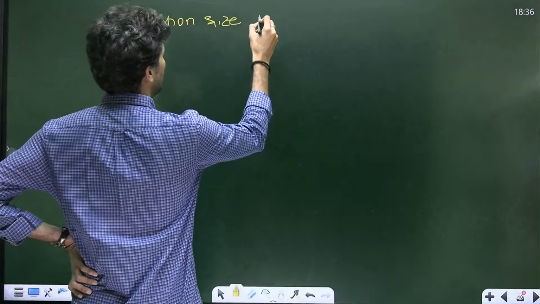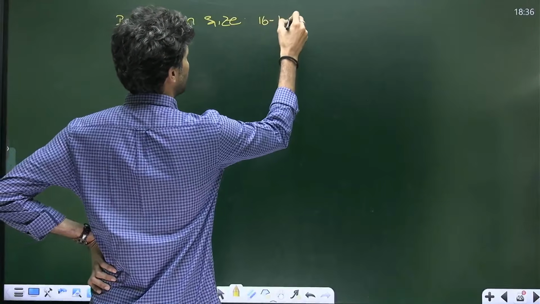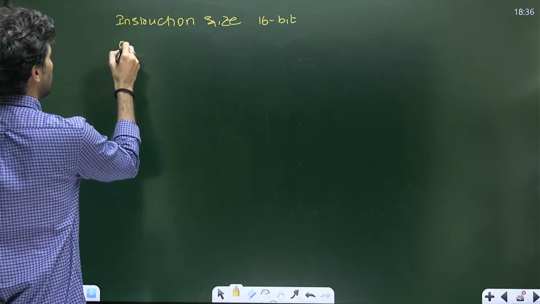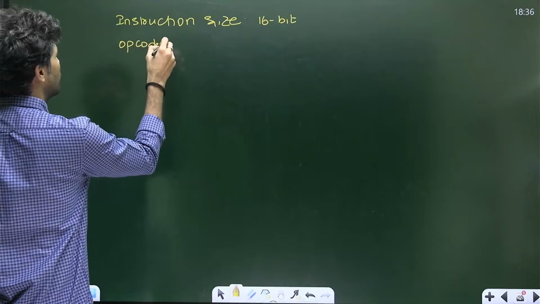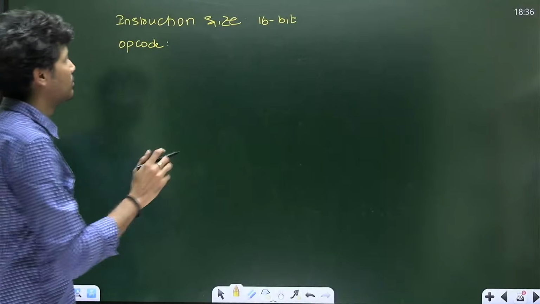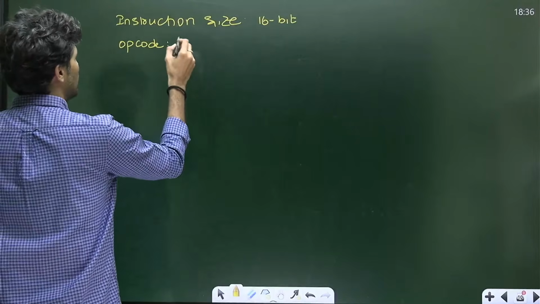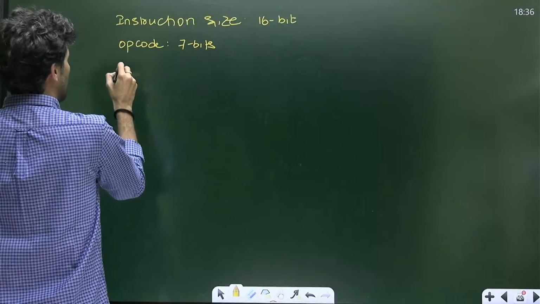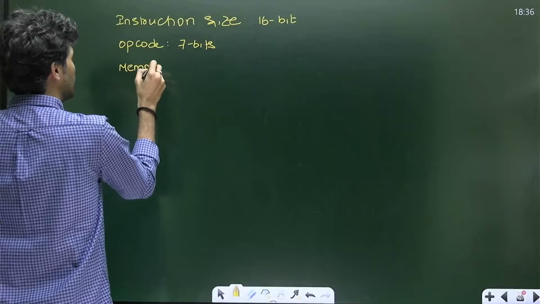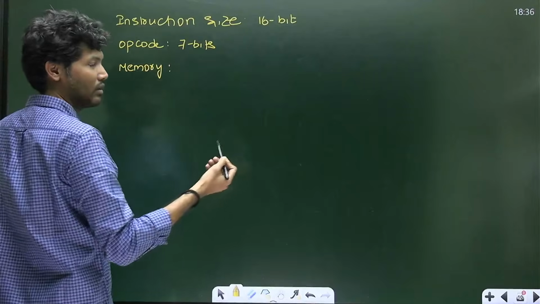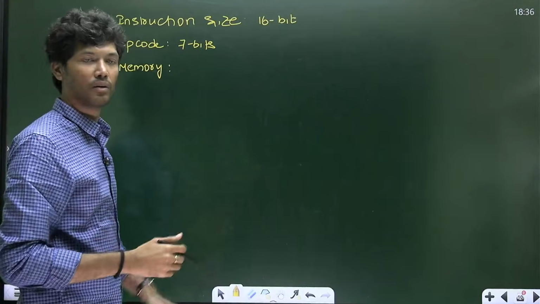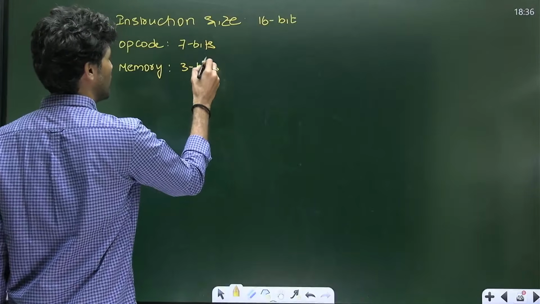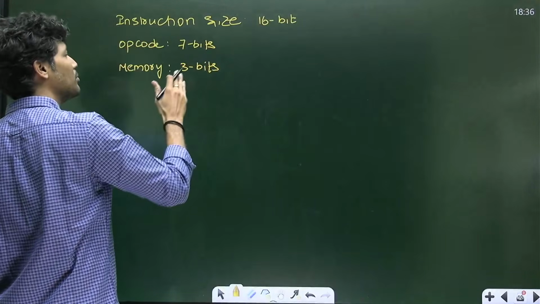The instruction size is given as 16-bit. And then every instruction will have a few entities. One is space for opcode, and that is basically 7 bits. And we are using either memory location, that is the size for memory port, which is 3 bits. Again, please note, this is the size for memory port.